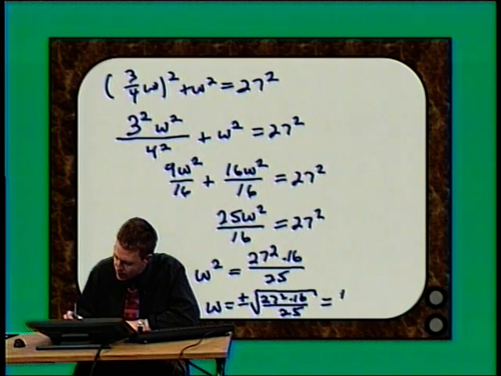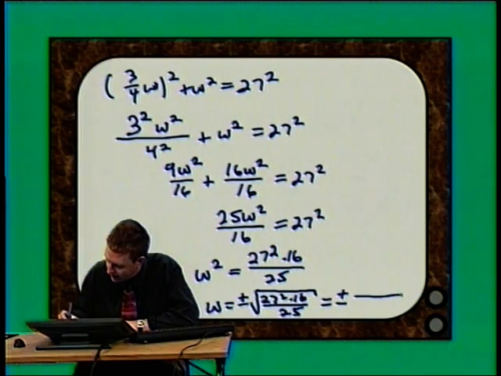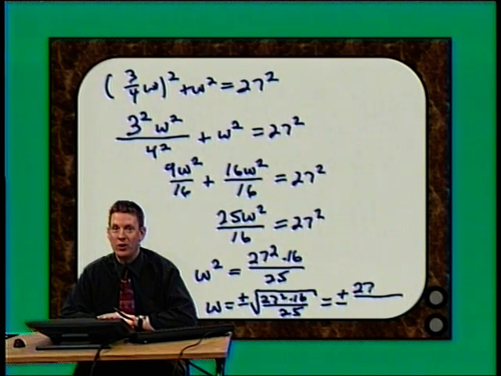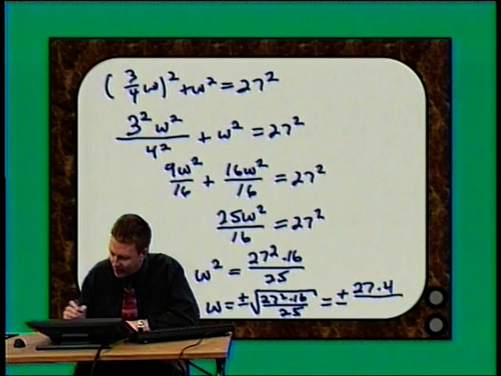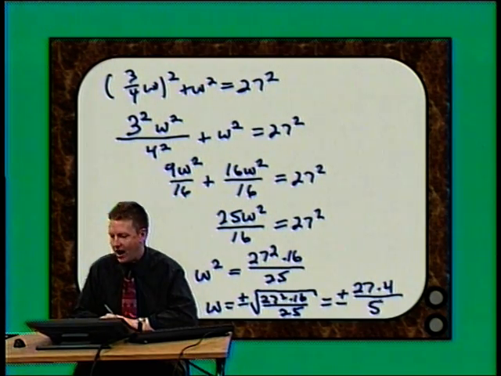So this is going to be the square root of 27 squared is 27. 27 is the number that you square to get 27 squared. The square root of 16 is 4, and the square root of 25 is 5.